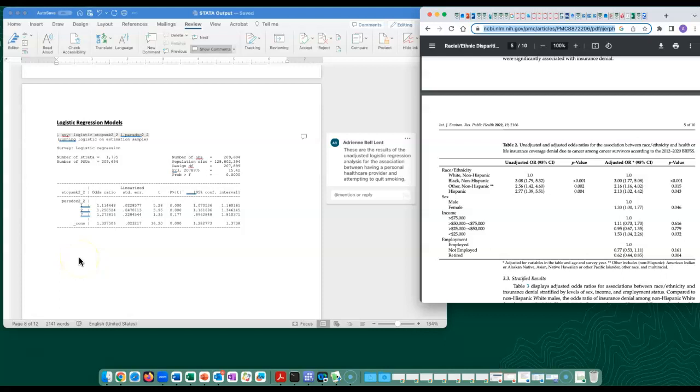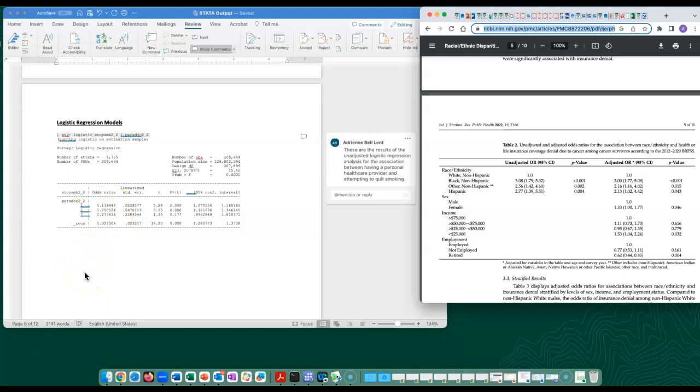That's the unexposed group. So we're considering the 1s, the 2s, and the 7s. Those are going to be the different exposure groups we're looking at in comparison to the unexposed, the not having a personal healthcare provider.